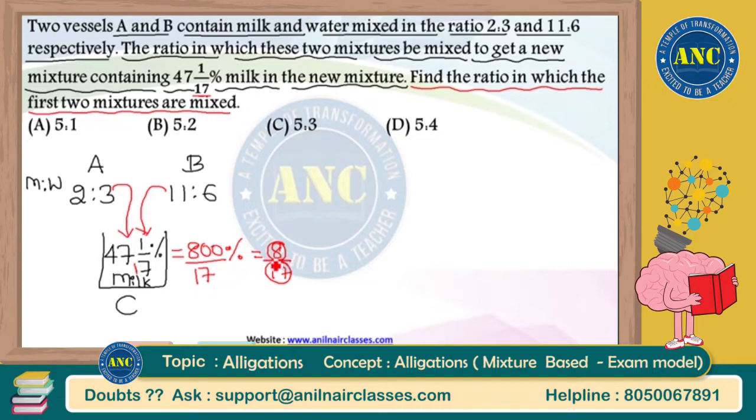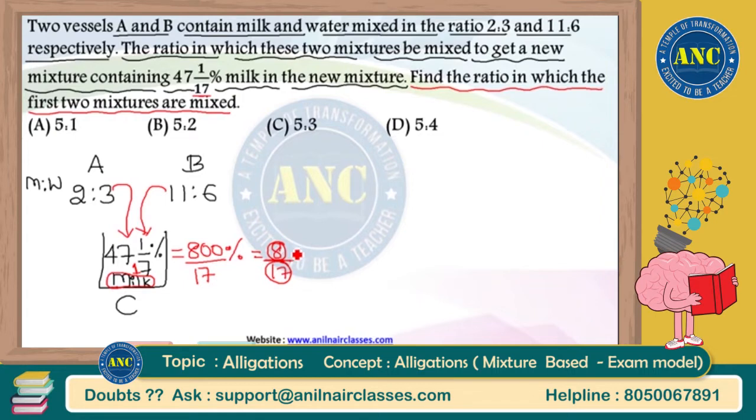Out of total 17 liters, which parameter are they talking about in this? They are talking about milk parameter. So numerator refers to the parameter which is being spoken or which is given in the question.